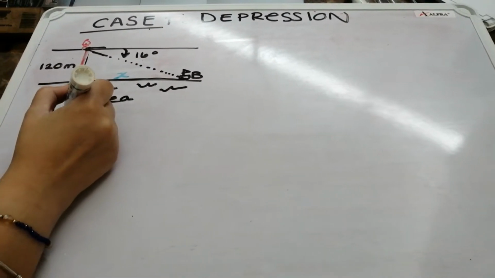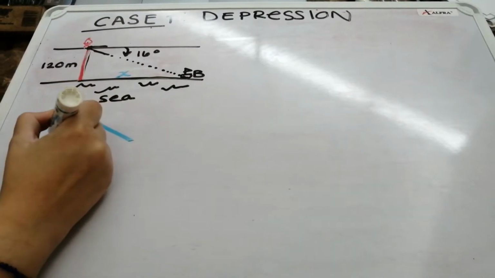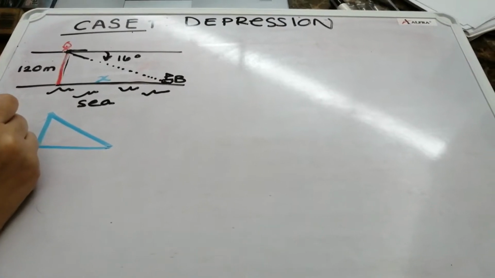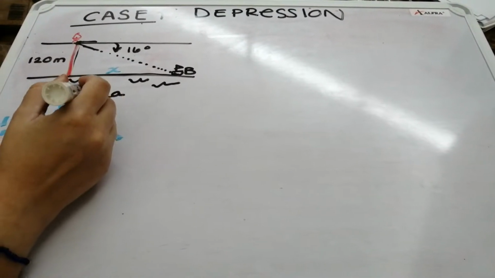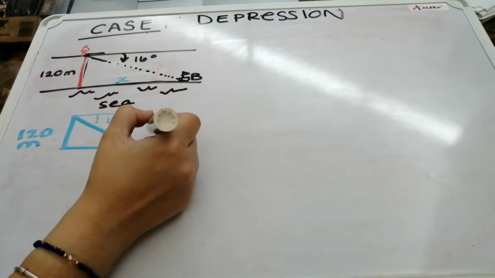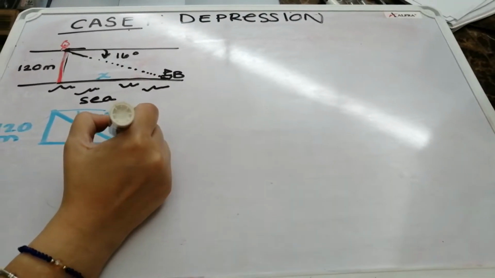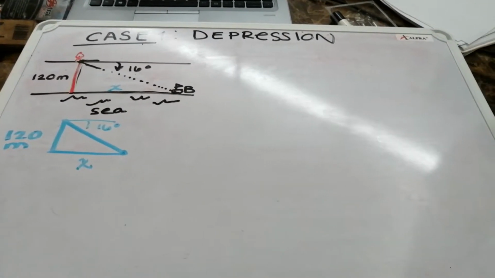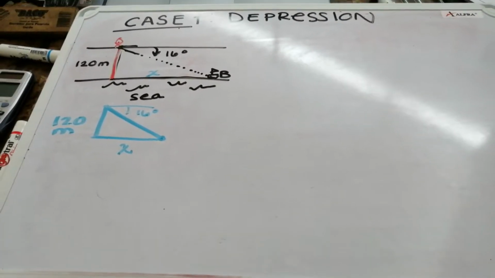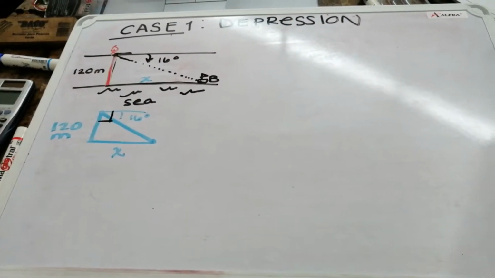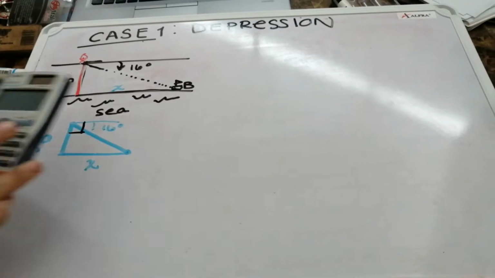I'm going to draw my triangle. I have that the cliff is 120 meters high. I know this angle right here, which is 16 degrees. And I know that the boat is here, and I need this measure. As we saw in class, this angle right here makes a 90-degree angle.